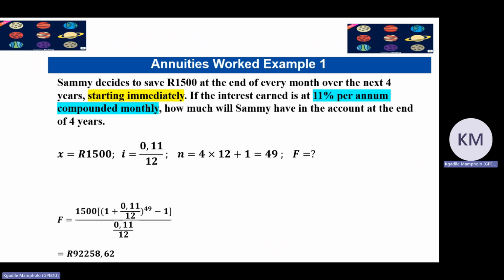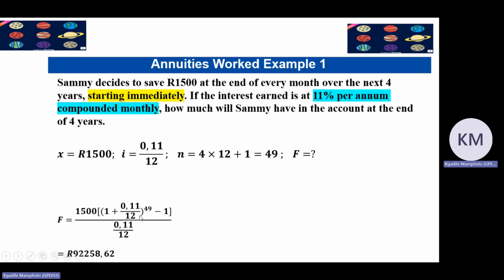Then from there, Semi continued to do that every month. Hence, we add 1, because in the first month, Semi made 2 payments. Then a total of 49 payments will be made. It means 49 payments will be made over a period of 48 months.